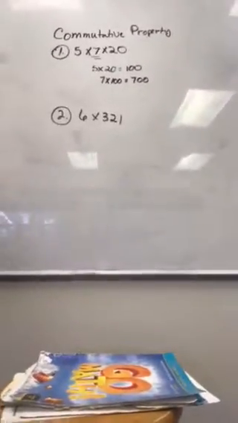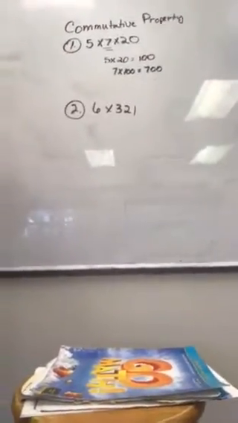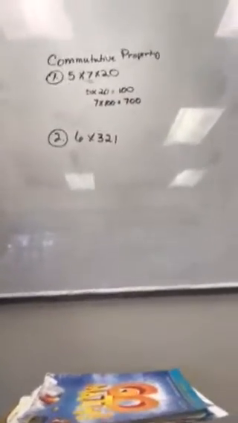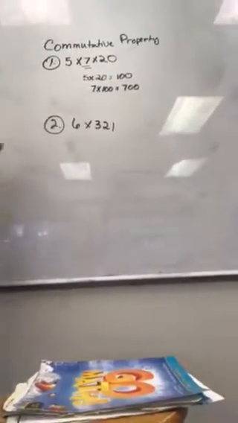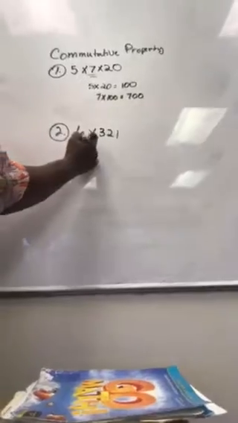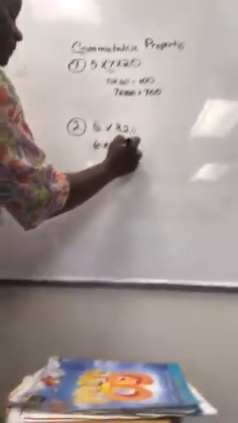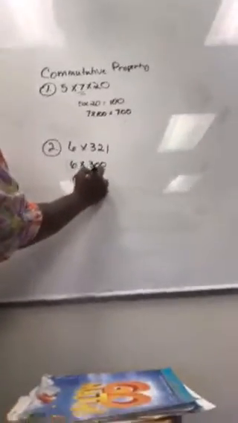But we can also use what is called break apart larger factors to help us solve as well. So that's what we're going to use. I can go 6 times 300, and then 6 times 21.